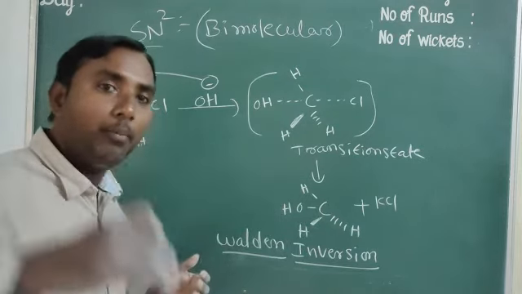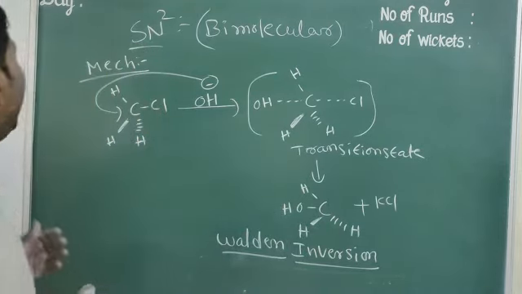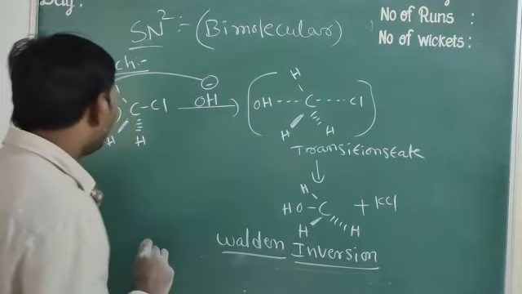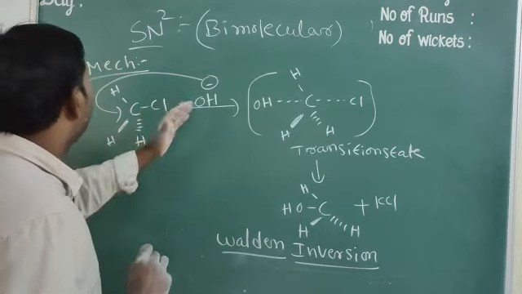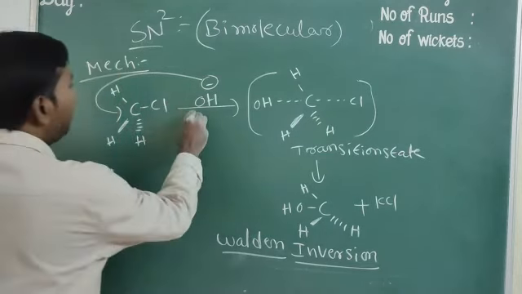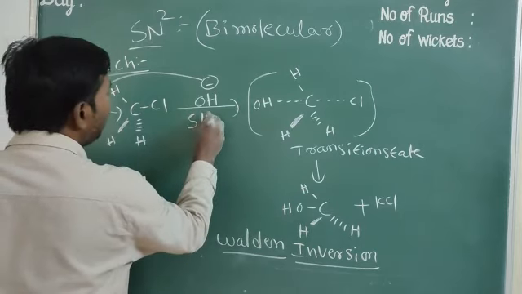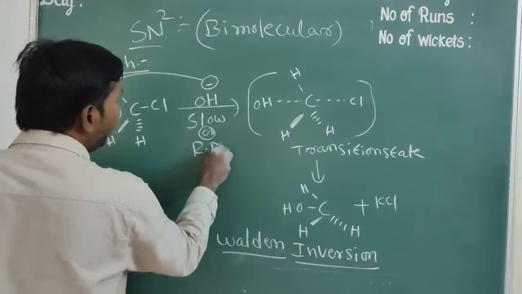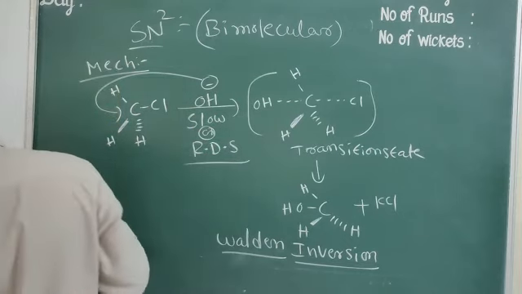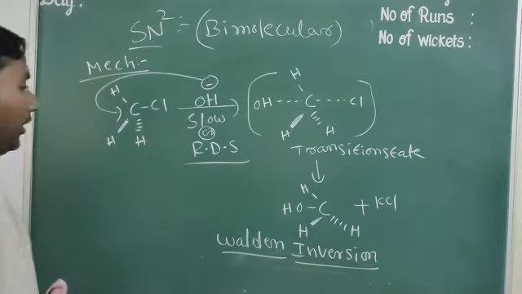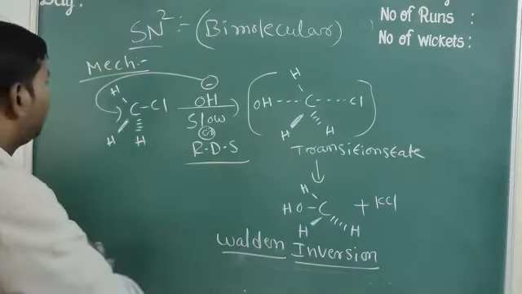In SN2, everything takes place in a single step: the nucleophile attack and leaving group elimination. This step we call the slow step, or rate determining step. This is about the SN2 mechanism.